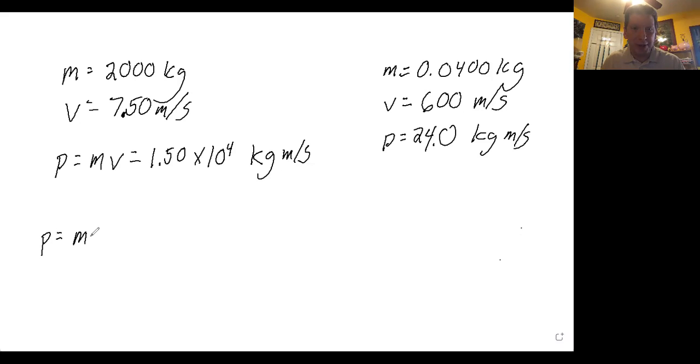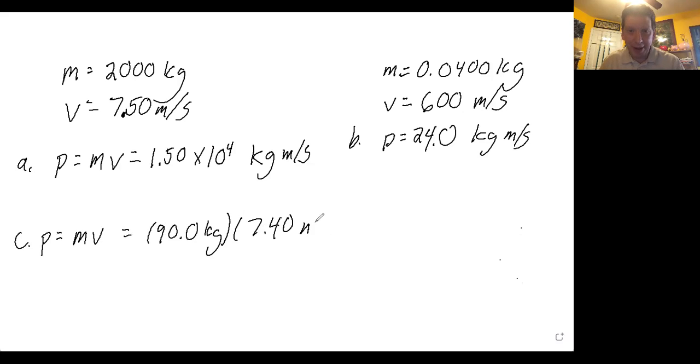But P is equal to mv again. And so the mass is 90.0 kilograms. And the velocity is, so this is A, this is B, and this is C. The velocity is 7.40 meters per second. And so that's 90 times 7.4.